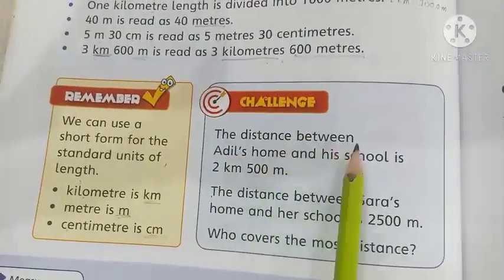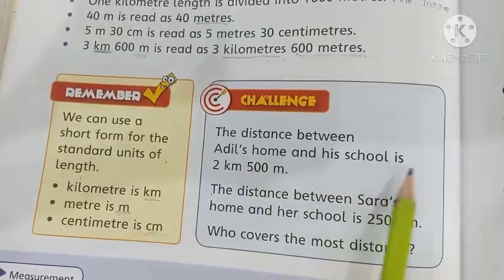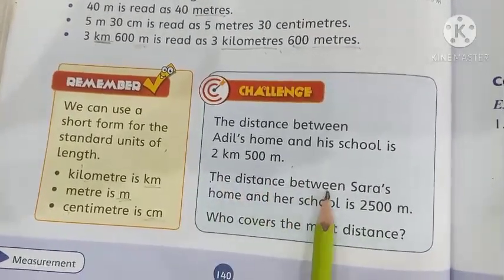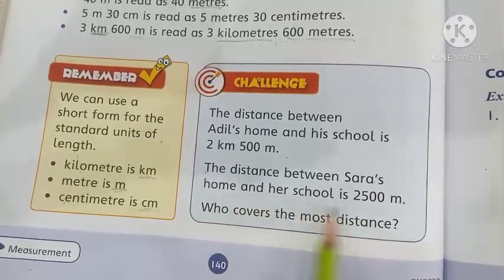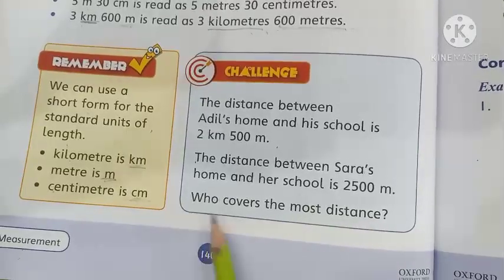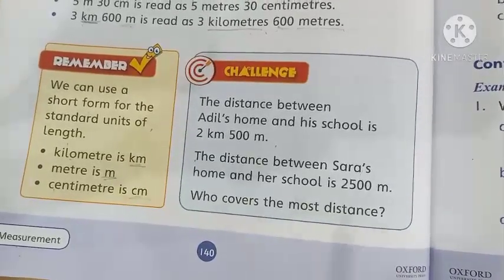Challenge: the distance between Adil's home and his school is 2 km 500 meters. The distance between Sarah's home and her school is 2500 meters. Who covers the most distance?